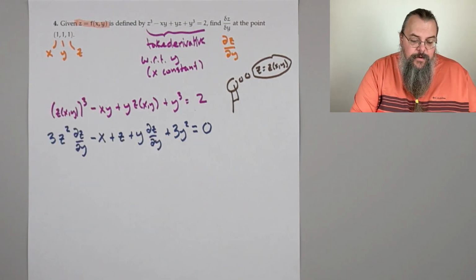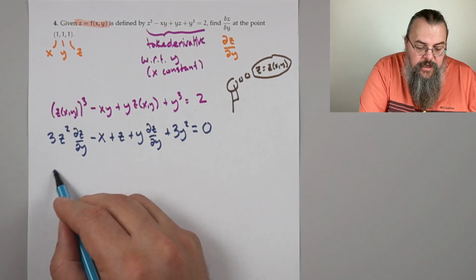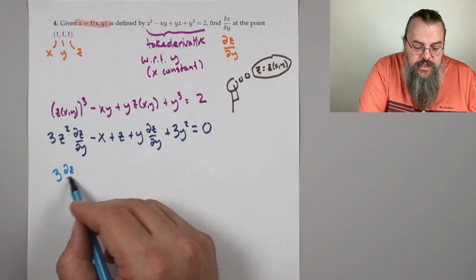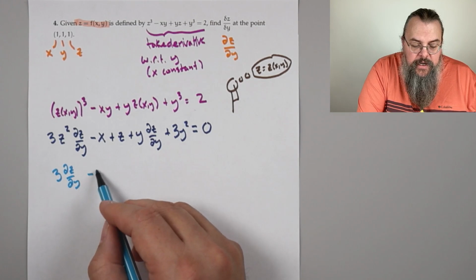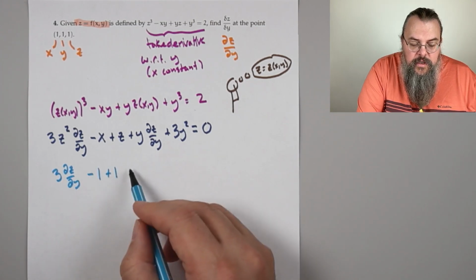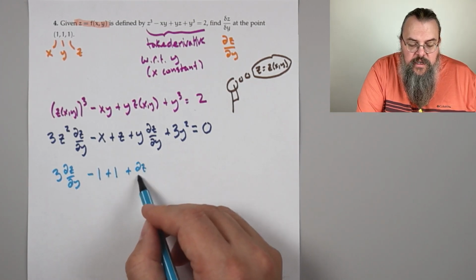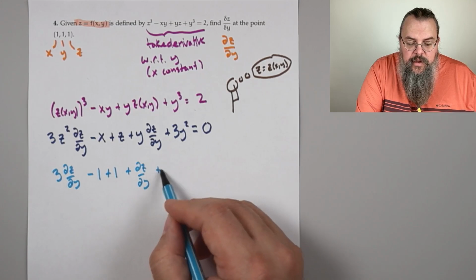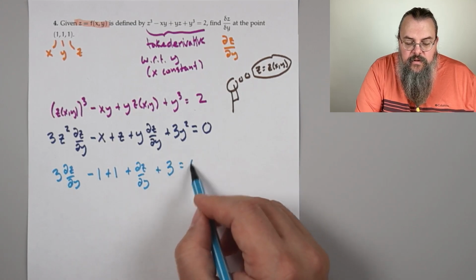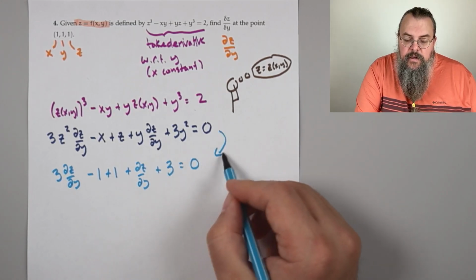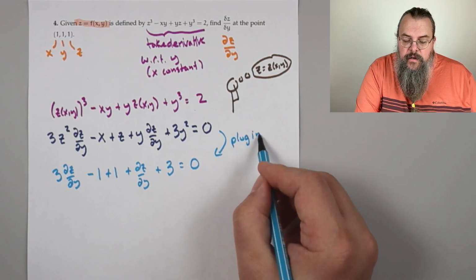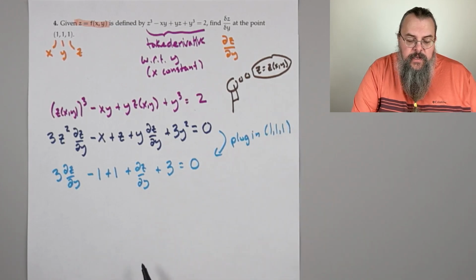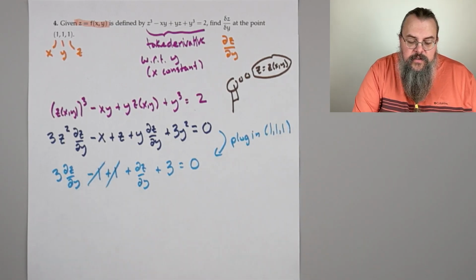What do we have? Well, we have 3 partial z partial y minus 1 plus 1 plus partial z partial y plus 3 equals 0. So here we plug in 1, 1, 1. And okay, well, that cancels there.